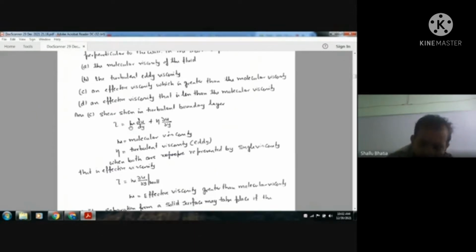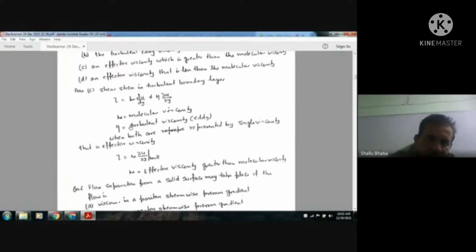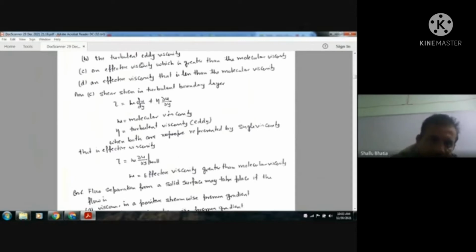Generally, the eddy quantity is very large compared to the molecular one, so we take this value. But as two different options are given, turbulent eddy viscosity and effective viscosity, we have to mark option C.